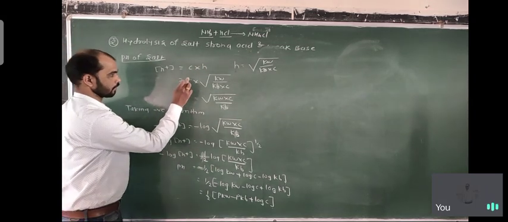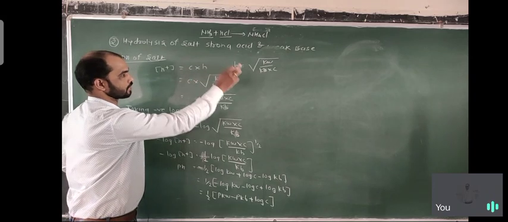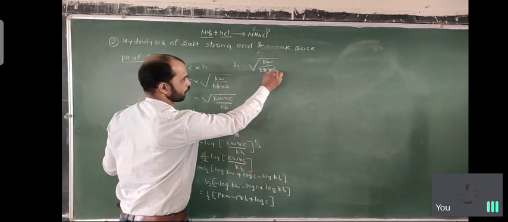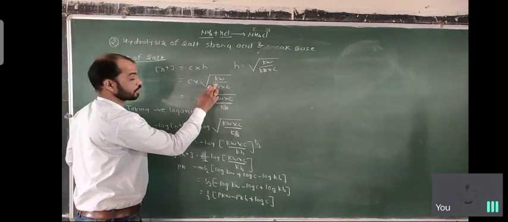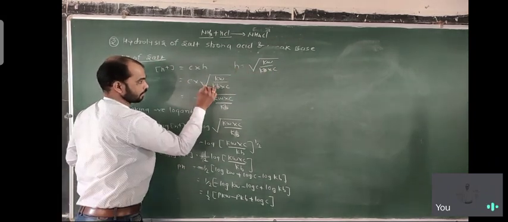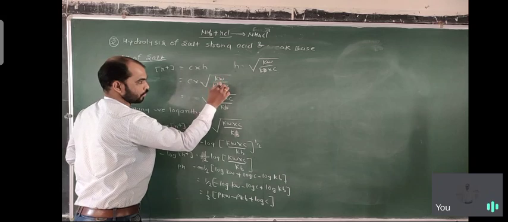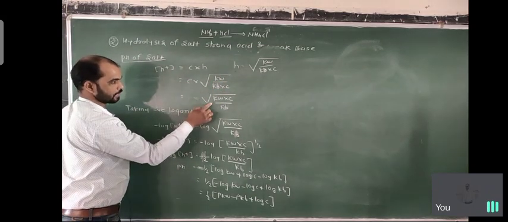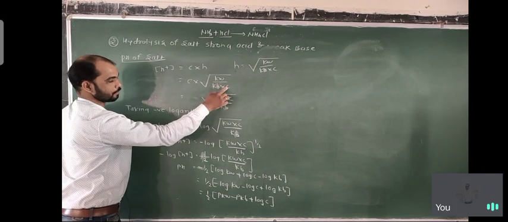So here we put the value of H we recently calculated, H is equal to under root KW upon KB into C. If we put the value here, it is under root KW upon KB into C. We solve it, treating it as a common constant.